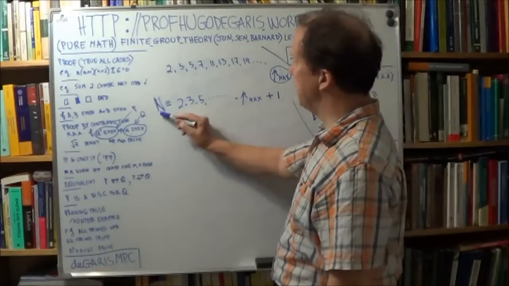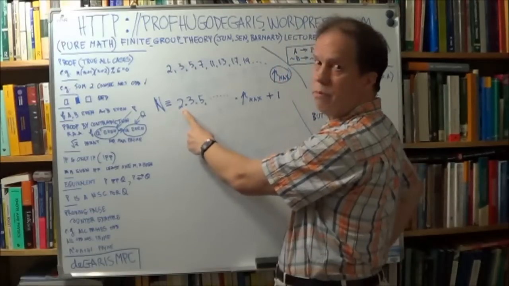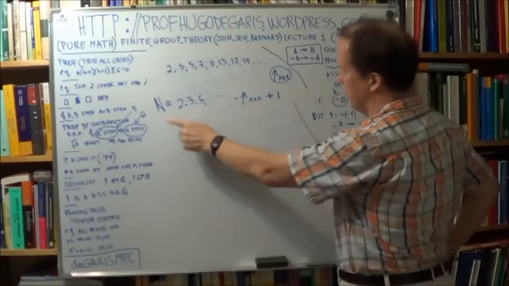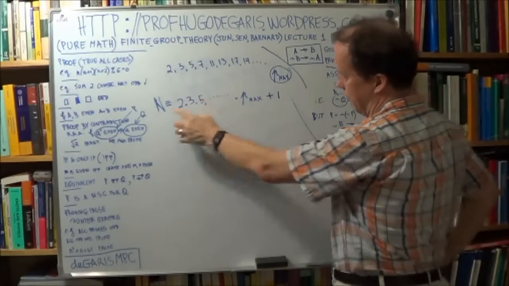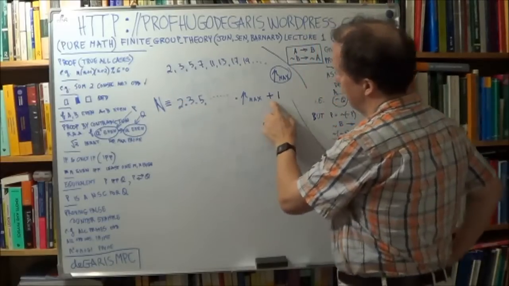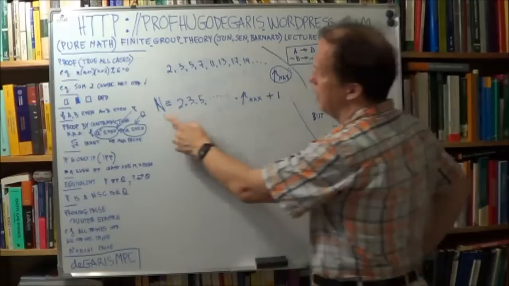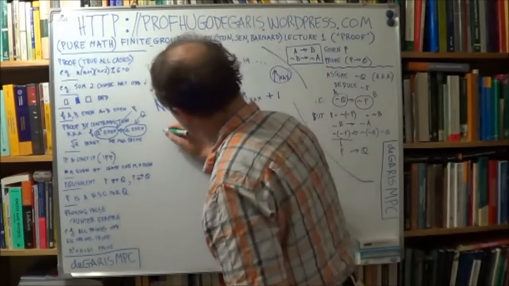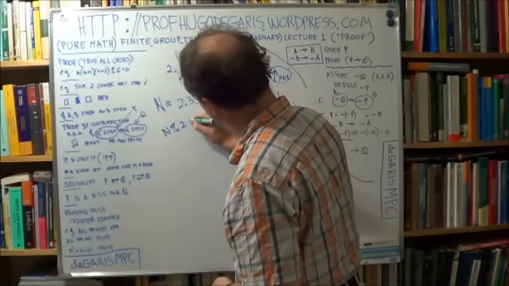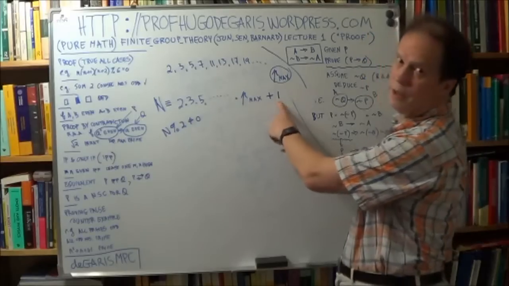So this number n, you cannot divide it by 2, right? Because if you divide this number by 2, that number has a factor of 2. Yeah, there it is. But n is this number plus 1. So n does not have 2 as a factor, because you always have this 1 left over. Okay?